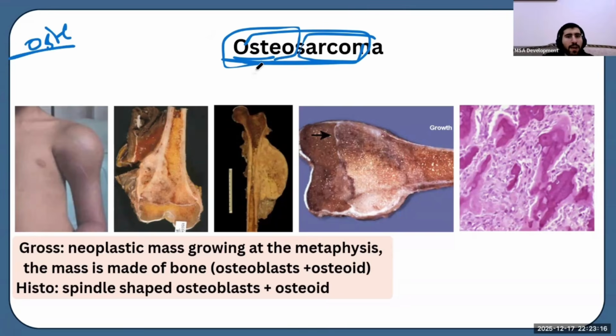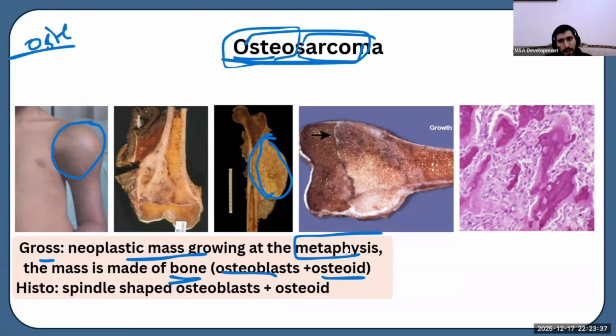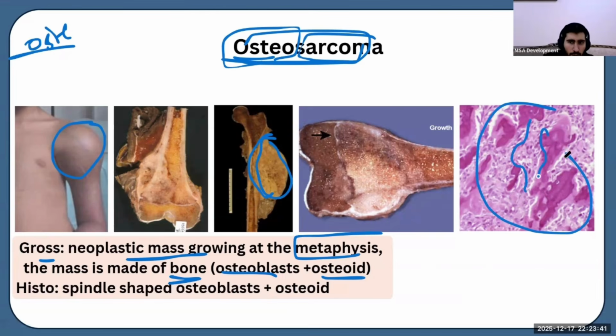So in osteosarcoma, we have malignant proliferation of osteoblasts that causes very weird bone formation in the metaphysis. Grossly, we will have a neoplastic mass growing from the metaphysis. The mass is made of bone, osteoblasts and osteoid. If you have malignant proliferation of osteoblasts, and these osteoblasts secrete osteoid, so in histology, we will have osteoblasts and osteoid.